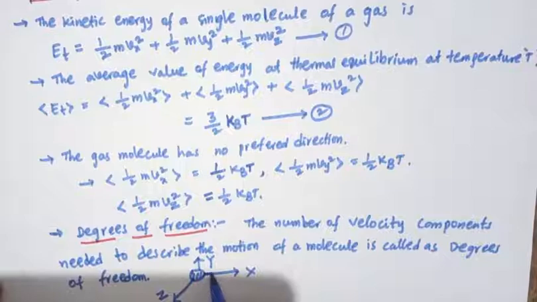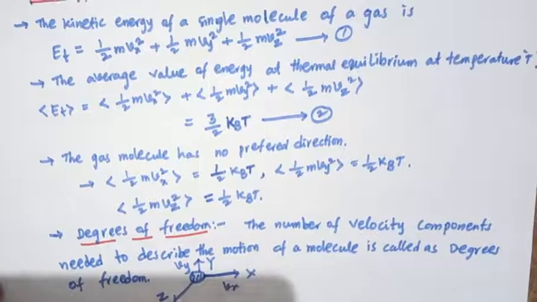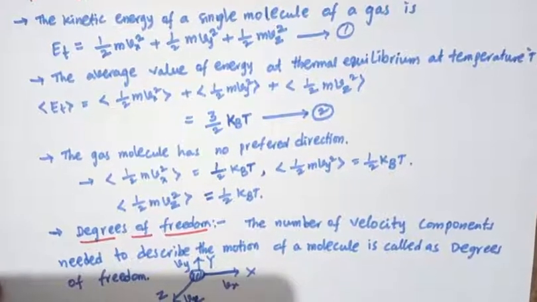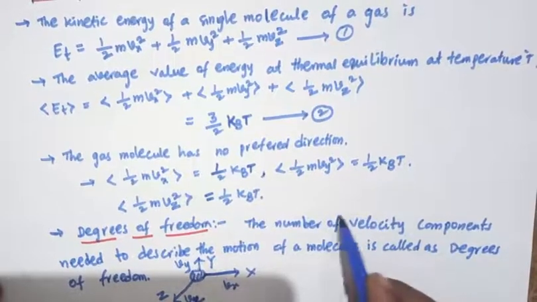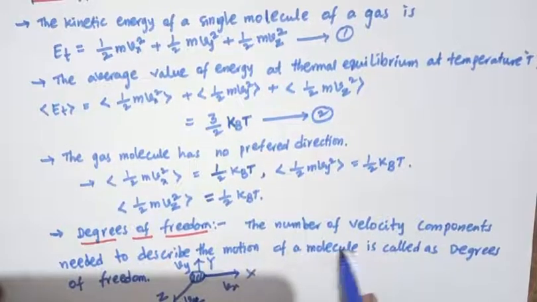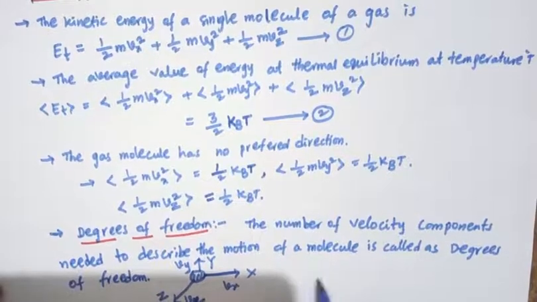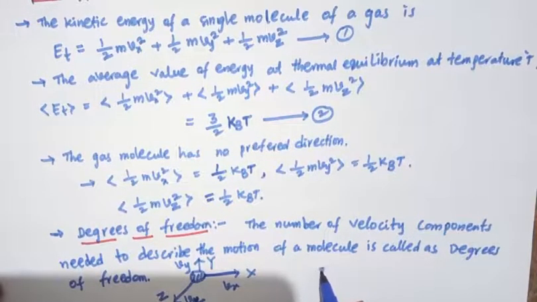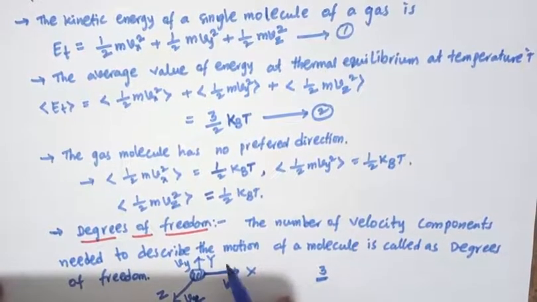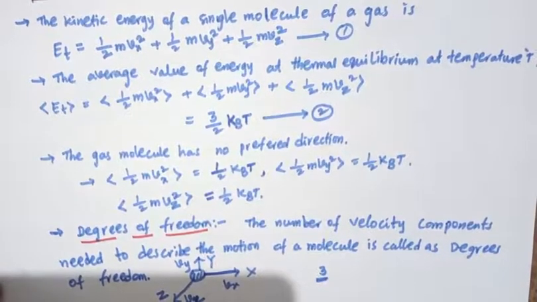Along the x direction the velocity is vx, along y direction vy, and along z direction the velocity component is vz. The number of velocity components needed to describe the motion of a molecule is called the degrees of freedom. The degrees of freedom here is 3. Degrees of freedom in space is 3 for a monoatomic molecule.